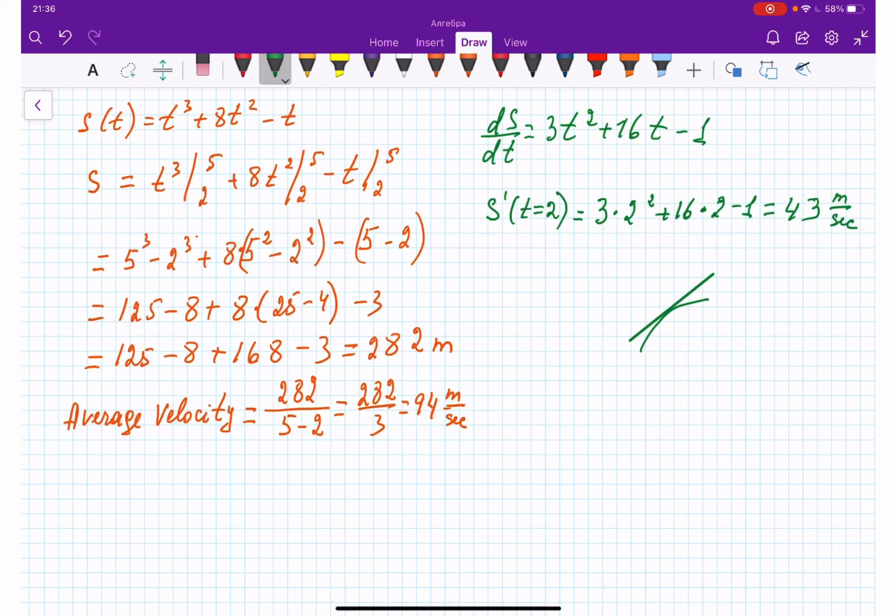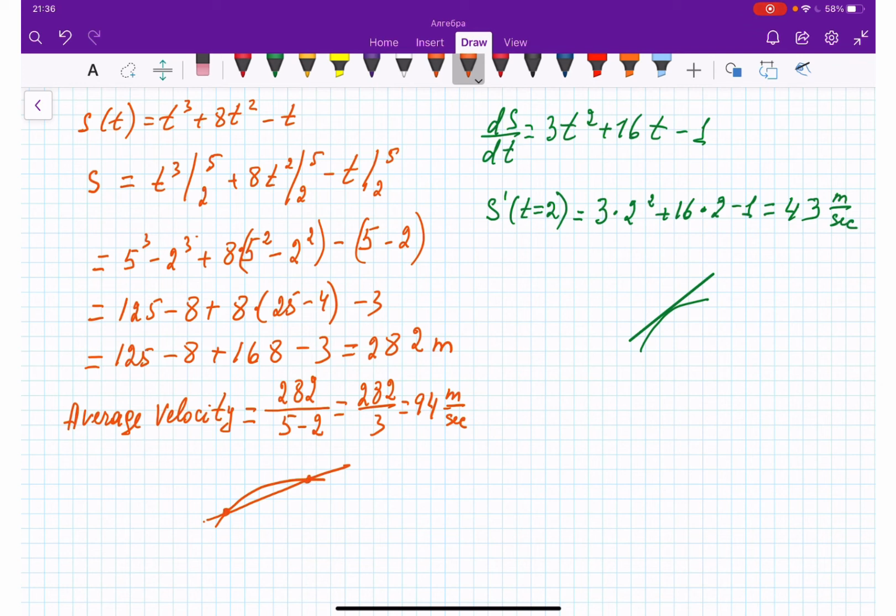So instantaneous velocity is identified by the slope of the tangent line to the function, while average velocity is the slope of the secant line. This is your secant line, right, crossing the beginning and the end of an interval.